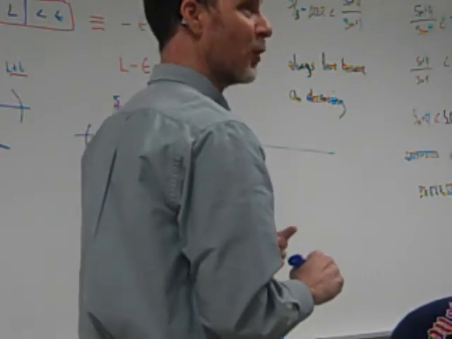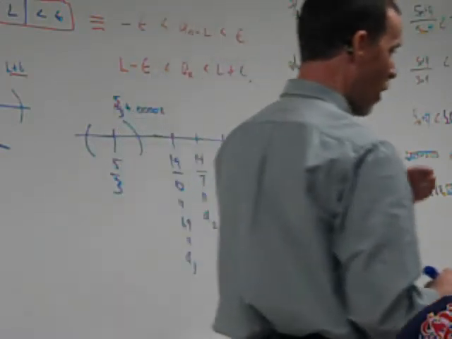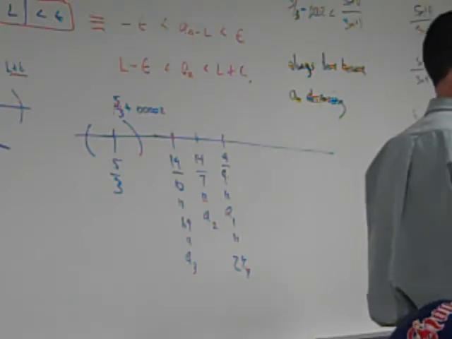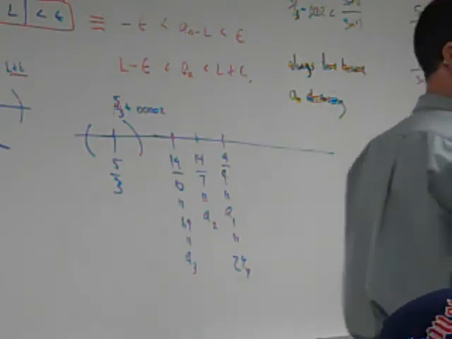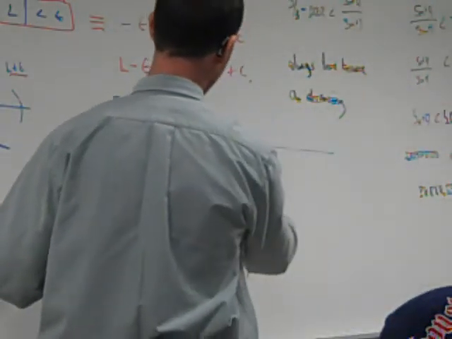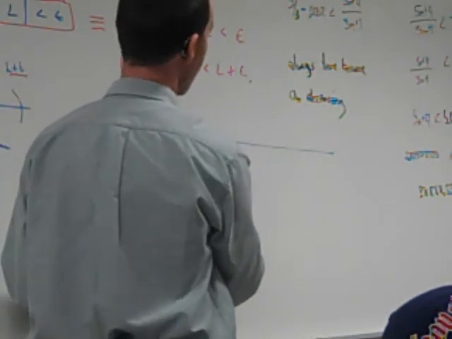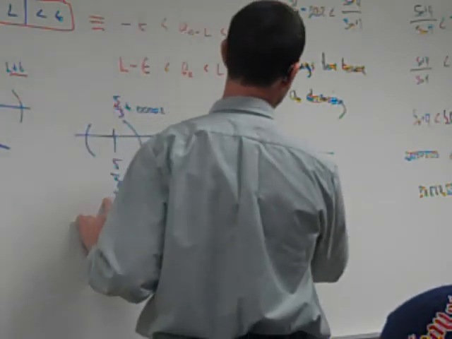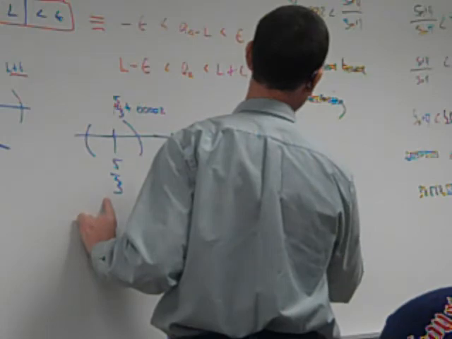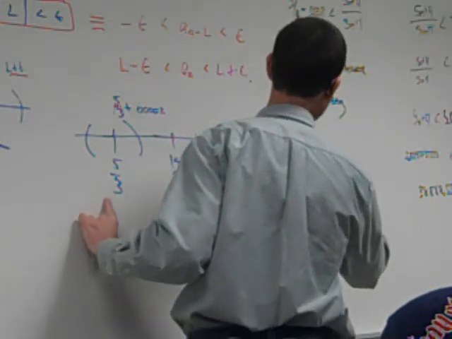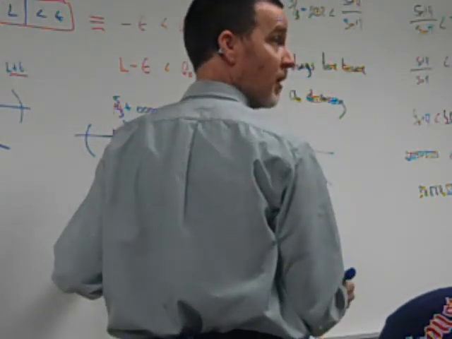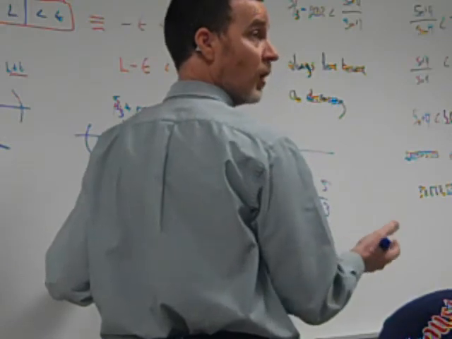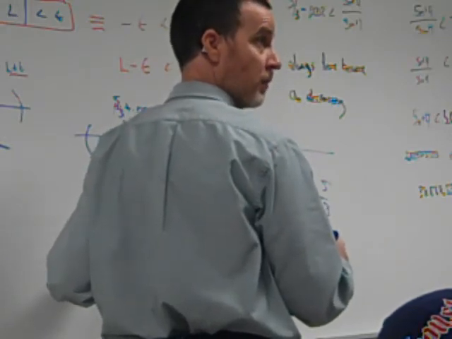But this isn't quite like your apartment. It's more like I'm walking towards the door, but I take smaller and smaller and smaller steps, right? I never get to the door. Because this one's bigger than this. Every one of these numbers, 5n plus 4 over 3n plus 1, is always bigger than 5/3. 5/3 is the greatest lower bound for this problem.